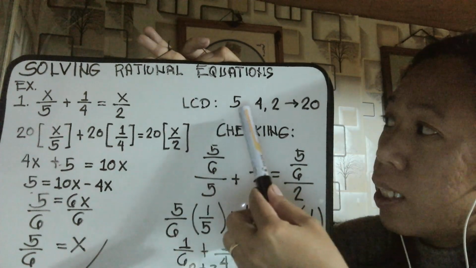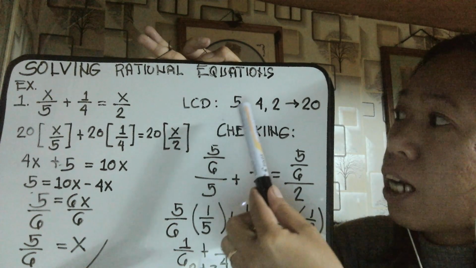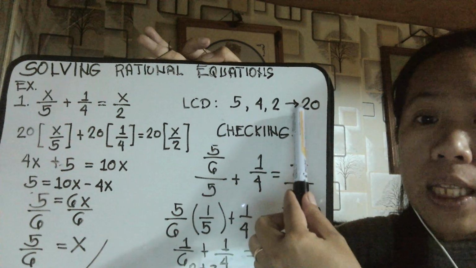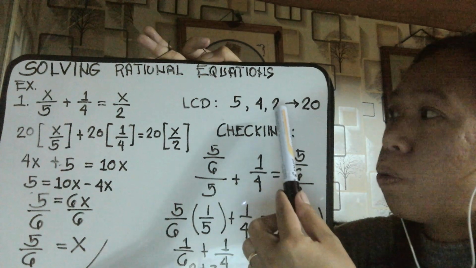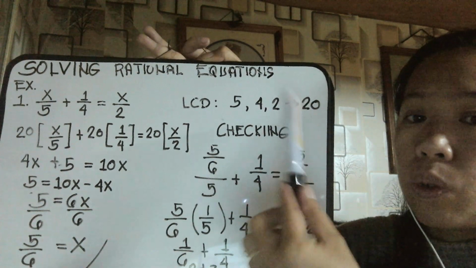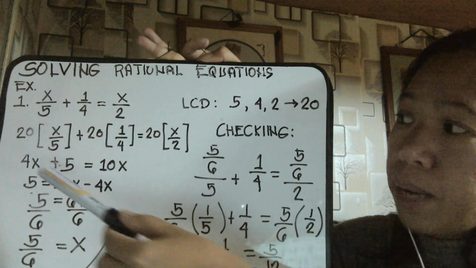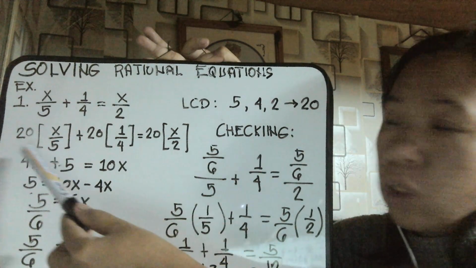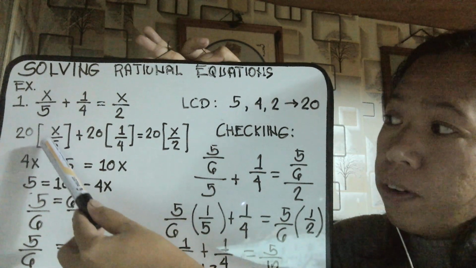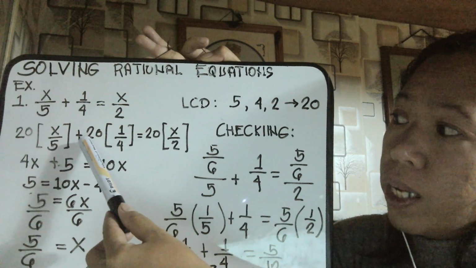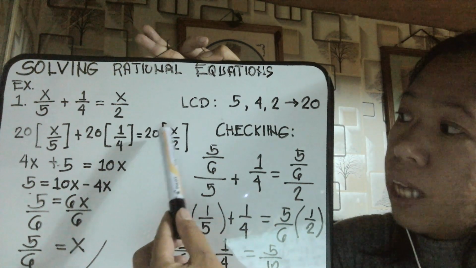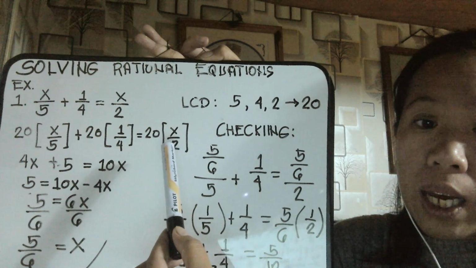So the LCD, or the least common denominator, of 5, 4, and 2 is 20. Then what will we do with this value? We are now going to multiply 20 in each term. So 20 times x over 5 plus 20 times 1/4 is equal now to 20 times x over 2.